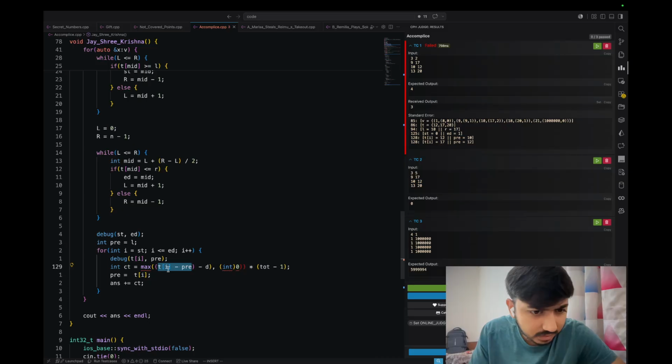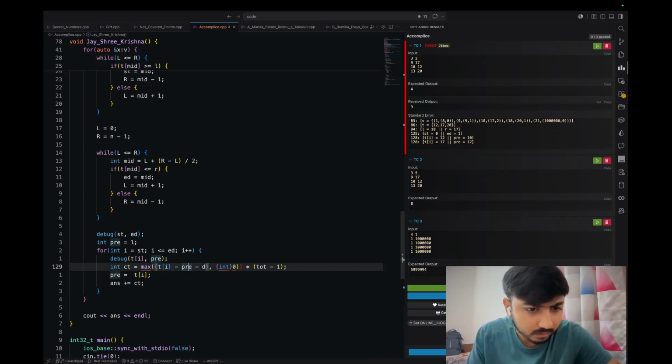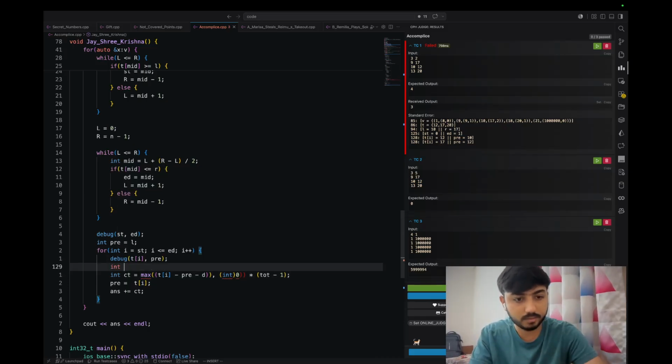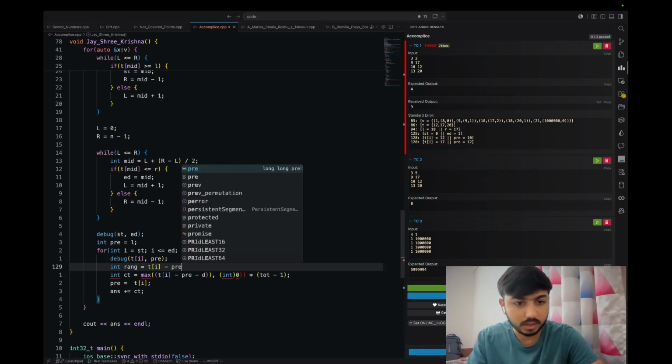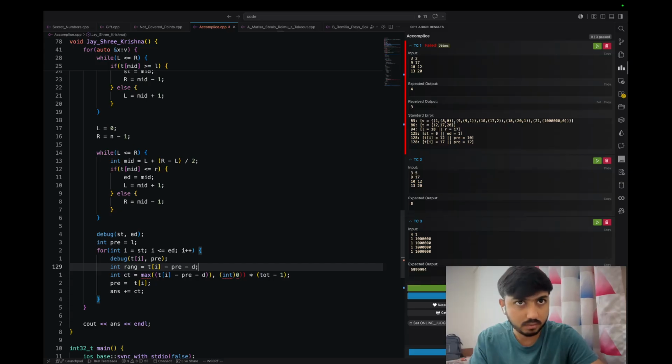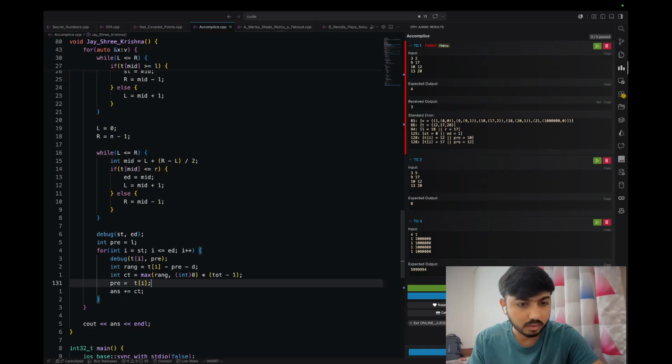T of i, this range. Range is equal to T of i minus previous minus D. That is the range.